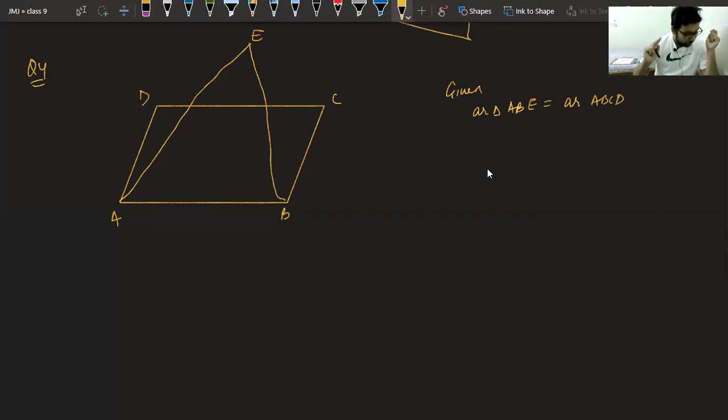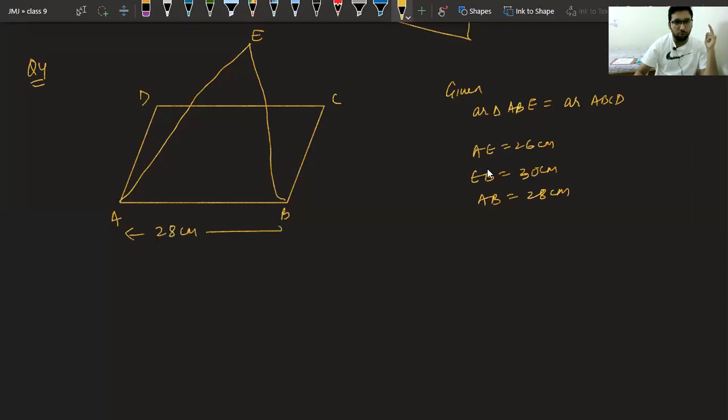Second thing, if the sides of the triangle are 26, 28 and 30, so let me take AE equal to 26 centimeter, EB equal to 30 centimeter, and AB as 28 centimeter. There is a reason why I have taken AB as 28, because the base is common and the parallelogram is standing on 28 only. So this was the common base.